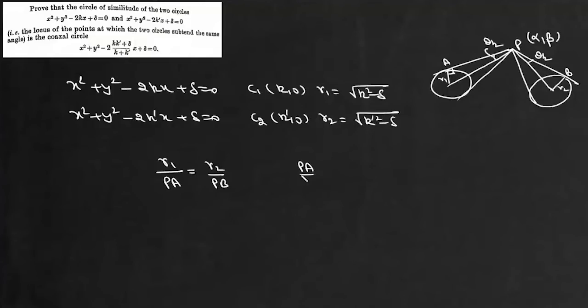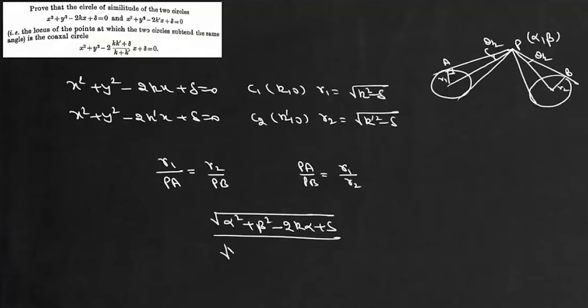So we can write PA upon PB will be equal to R1 upon R2. Now PA is length of tangent, so it will be under root of alpha square plus beta square minus 2k alpha plus delta, and here it will be under root of alpha square plus beta square minus 2k dash alpha plus delta, and will be equal to under root of k square minus delta upon k dash square minus delta.